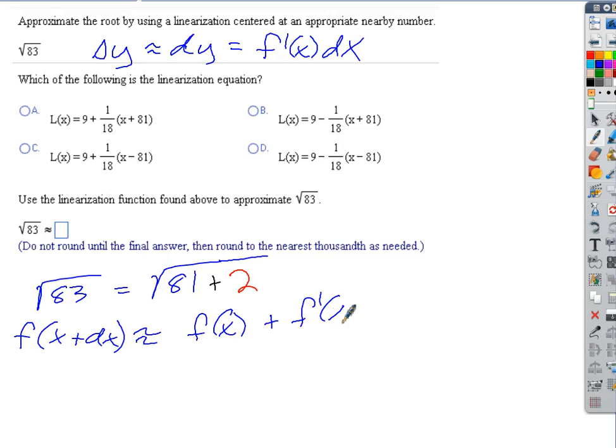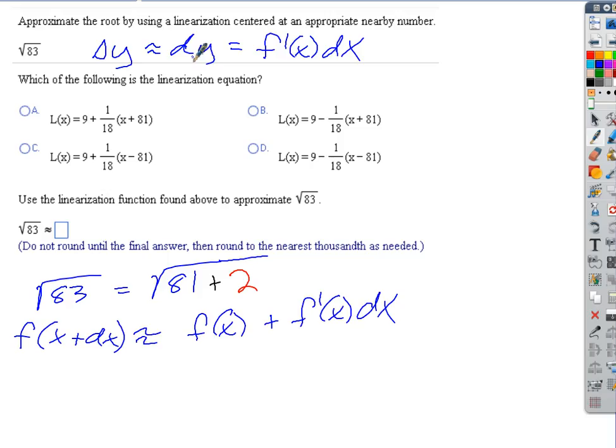It's like saying, so we have right there, that's all it is. It's the value of the function at the convenient place plus our estimate of the change in the function. Okay, but that's how we want to write it.